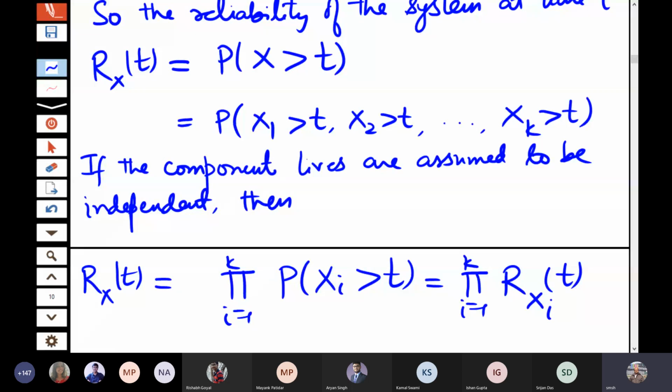Suppose I have three systems, then it becomes 0.729. So it is coming down to 70%. And you can easily think what happens if I consider, say, 10 such things. So what will be the reliability then?